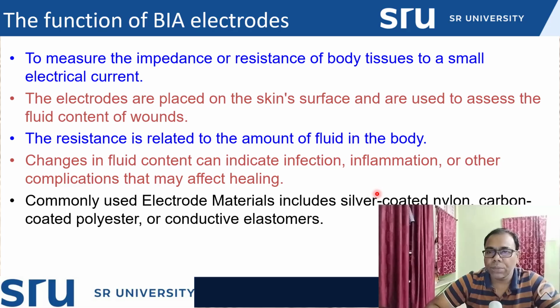Commonly used electrode materials include silver coated nylon, carbon coated polyester, and conductive elastomers. So these are the commonly used materials for the BI electrode. It can be metallic or non-metallic based. If you are using a non-metallic material, coating of the electrode is a must, because unless the electrode is conductive, the electrical current will not pass.